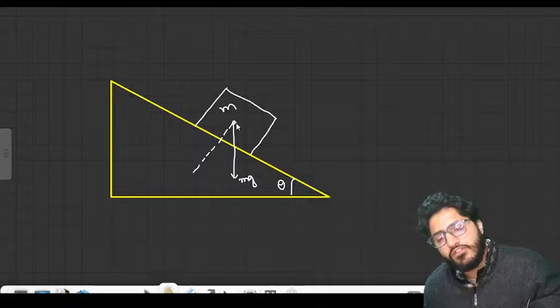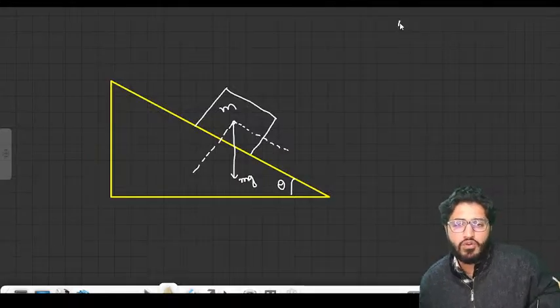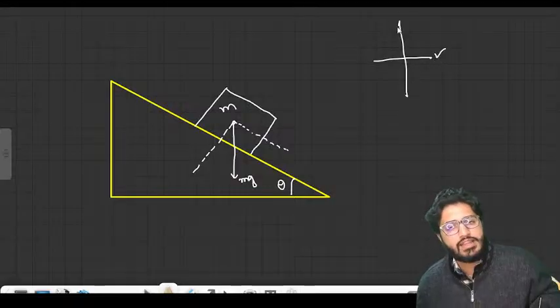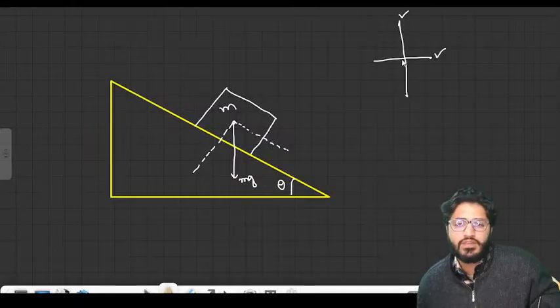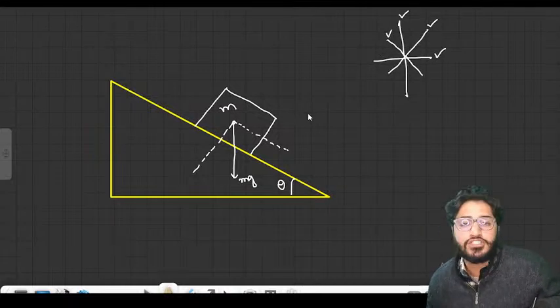Because we get the forces perpendicular to each other. Let us suppose, if this is my coordinate system, if I am taking one force like that, so second will be like this, right? If one force is like this, second should be like this. So I take perpendicular forces only in physics.